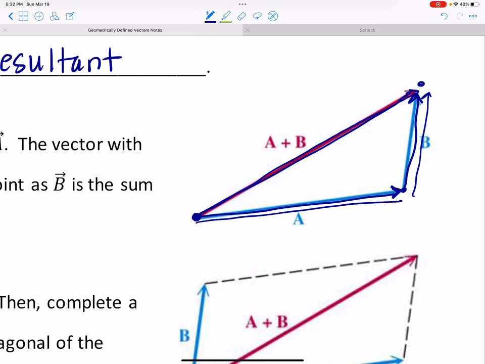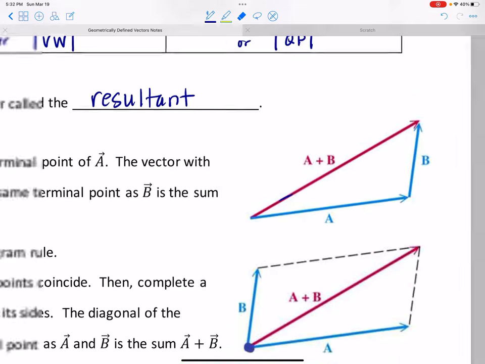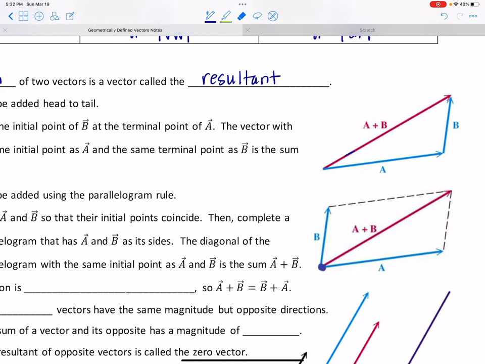It's like the shortest distance between the two, right? And so that would be one way to visually see the sum of those two vectors. And that's what all the jargon says over here, basically. Just connecting the tail end of one to the head of the other and making a third vector, which is the sum of the two.